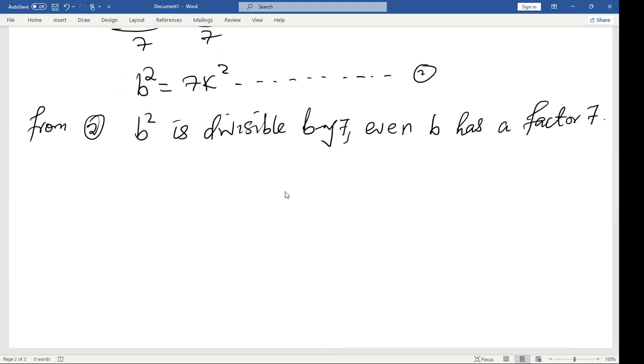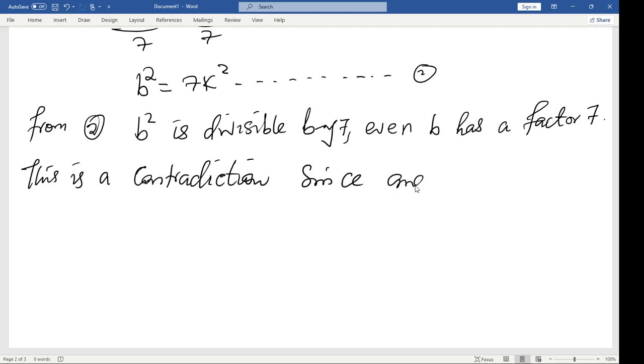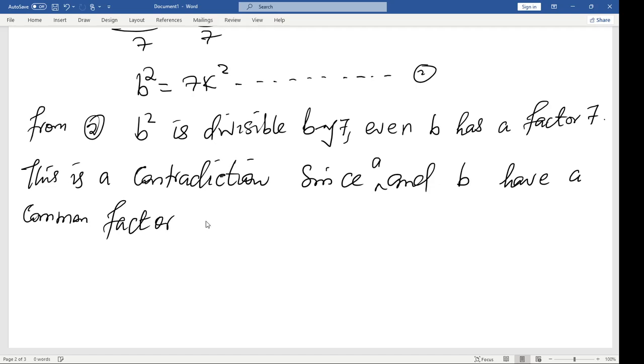So if that's a contradiction, then you can just say this is a contradiction since a and b have a common factor, 7.